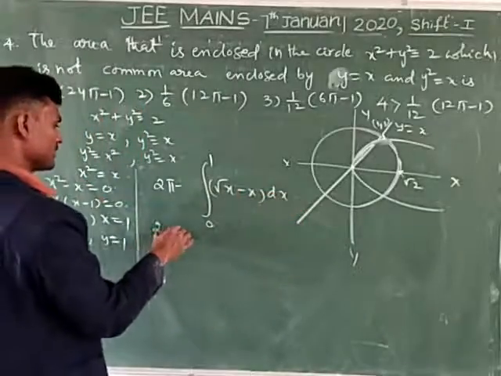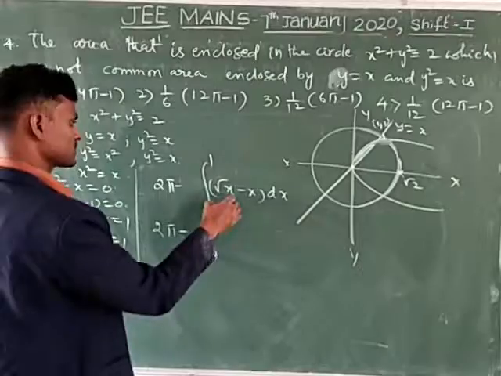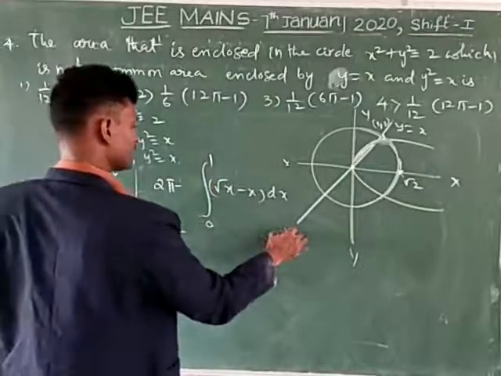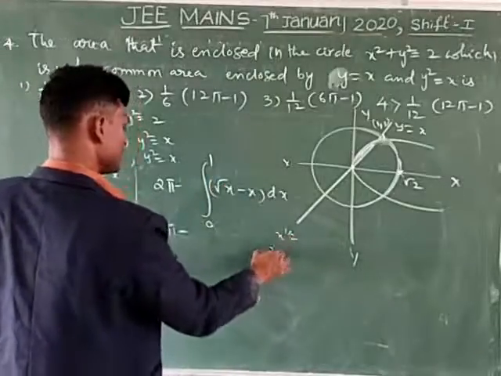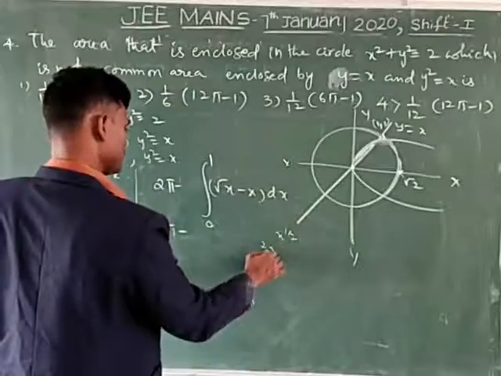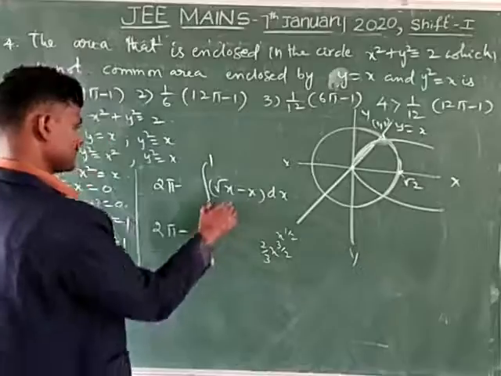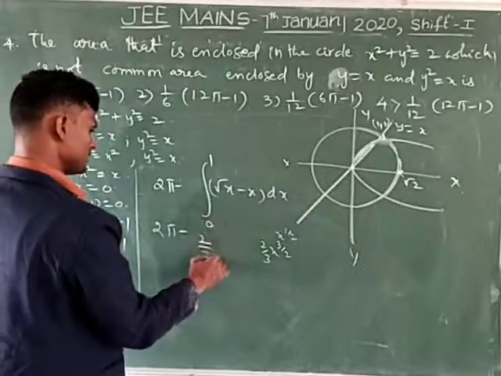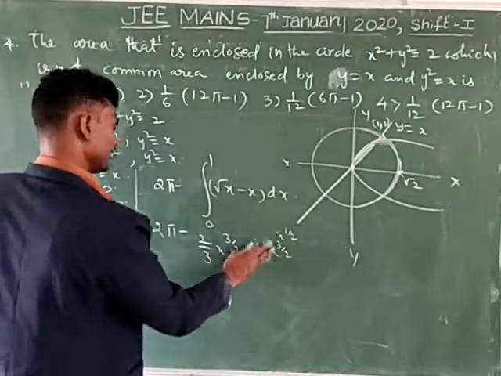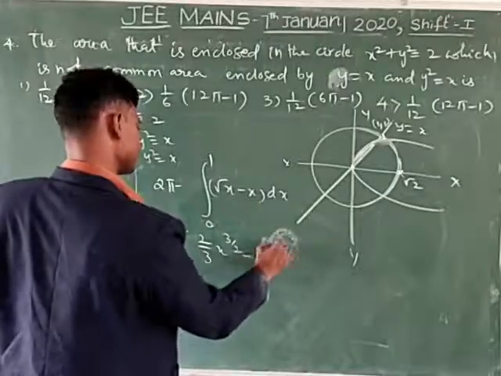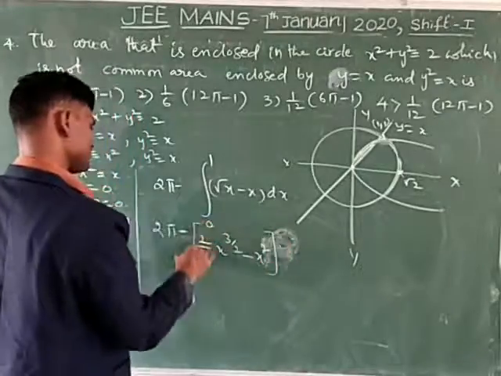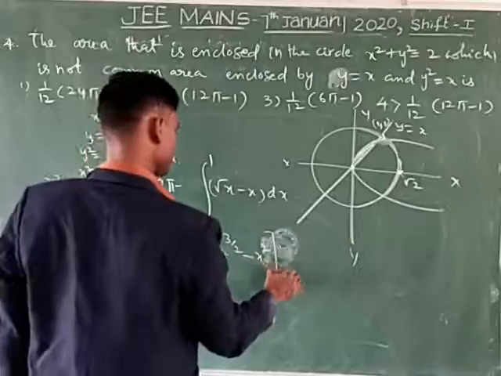Now 2π minus, this is root x, root x means x to the power of 1/2. x to the power of 1/2 integrates to (2/3) x^(3/2). This one is (2/3) x^(3/2) minus x²/2 plus c, with limits 0 to 1.